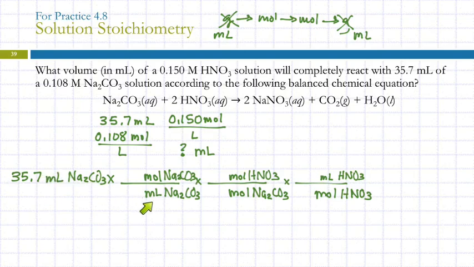So I've got milliliters to cancel milliliters, but do I have information that gives me moles per milliliter? No, I've got moles per liter, right? So this maybe should be moles per liter, right? And then the liter doesn't cancel the milliliter.